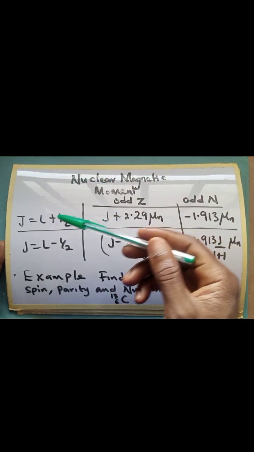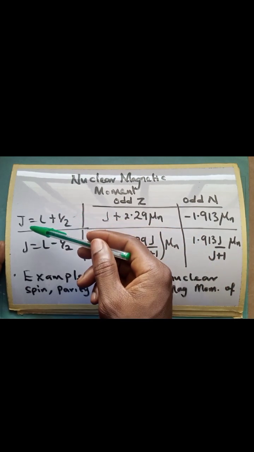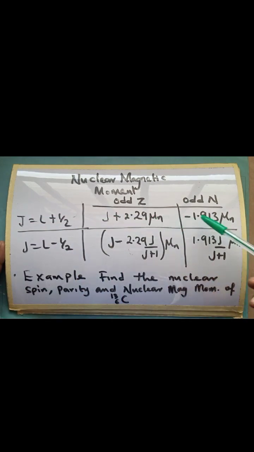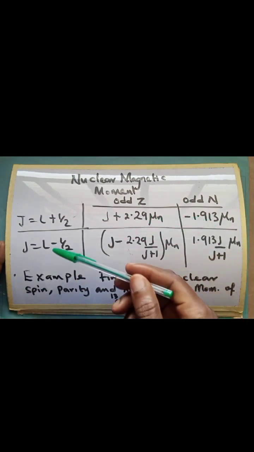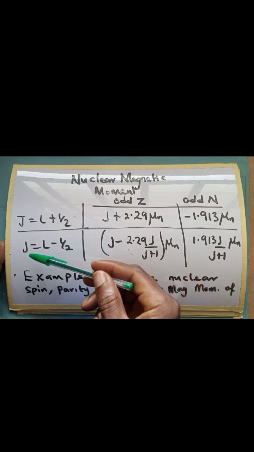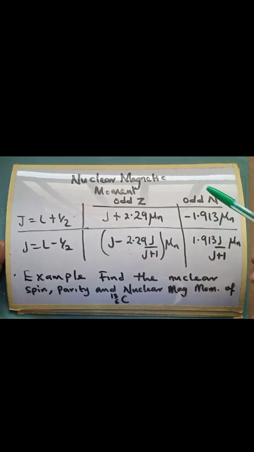Once you know your value of L, you add it to half. If it is equal to the calculated nuclear spin, then you use this particular one. But if L minus half is equal to the calculated nuclear spin, then use this one for odd Z or this for odd N.